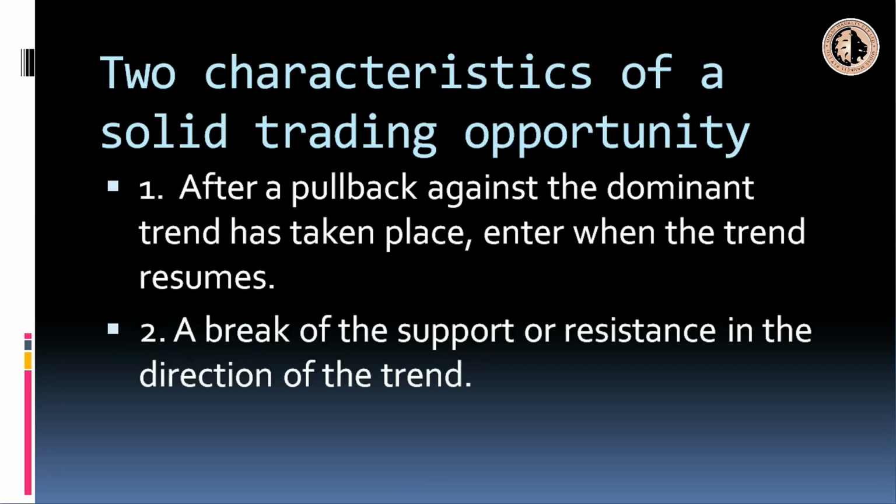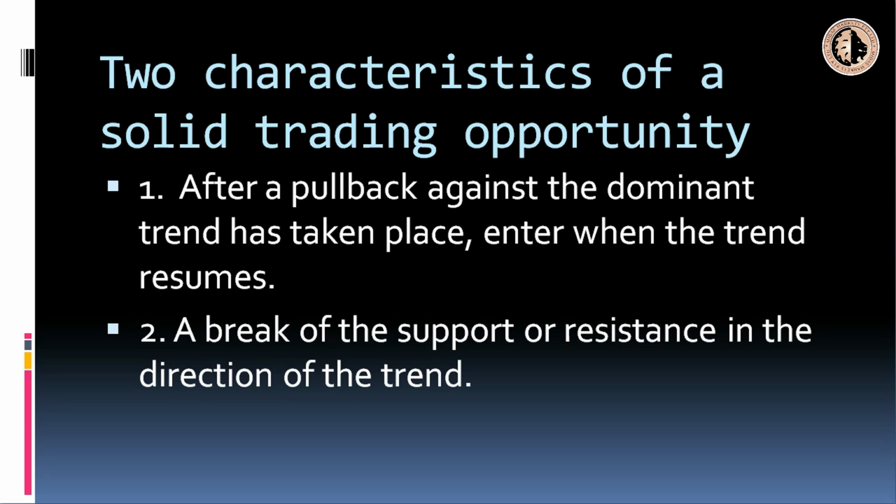Now there are two characteristics of a solid trading opportunity. The first one is, after a pullback against the dominant trend has taken place, enter when the trend resumes. And the second one is a break of the support or the resistance in the direction of the trend. So those are two different ways to enter the market.